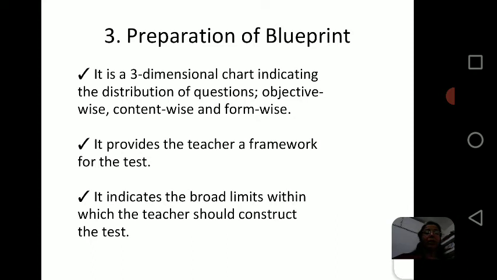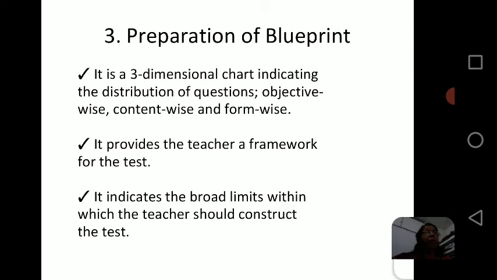According to that weightage, you need to prepare the questions, and it is depicted in the blueprint. It provides the teacher a framework of the test. The blueprint gives a framework of the test. It indicates the broad limits within which the teacher should construct the test.